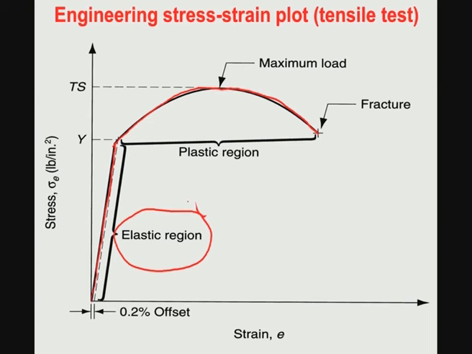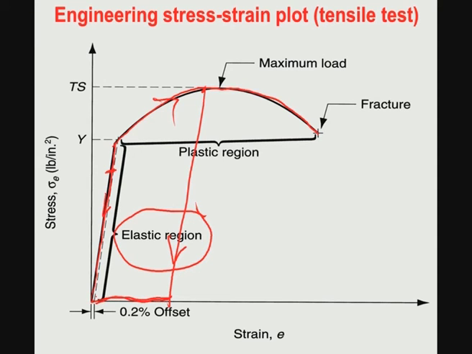But in case of the metal, if you put it under larger stress, it goes into the plastic region. Up to the elastic region, if you release the force, it goes back to the original position. But if you go up to this level, then you try to go back, it will never go back. There will be some residual strain that will remain in the metal.